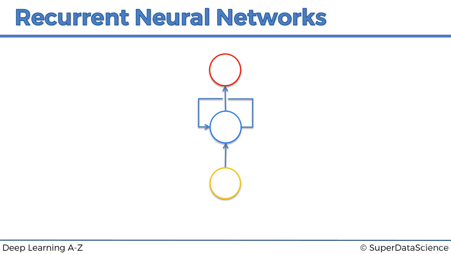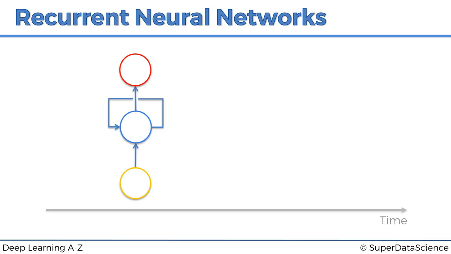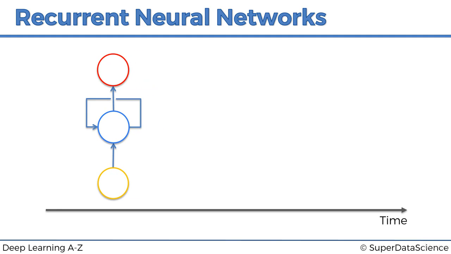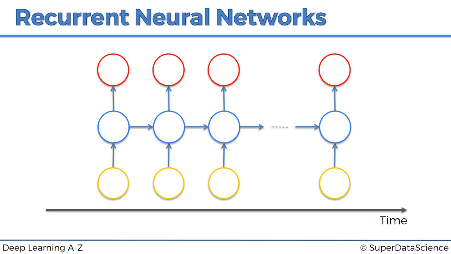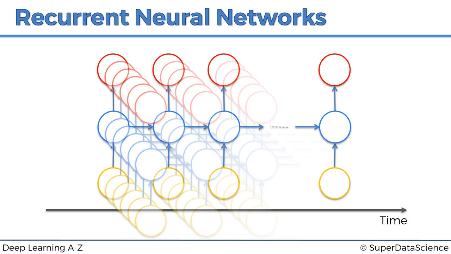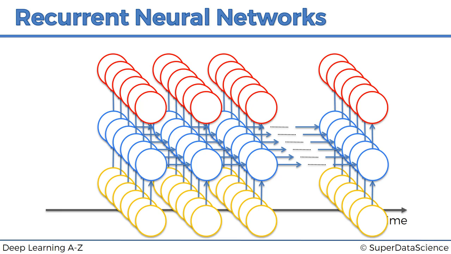The common approach now is to unroll this temporal loop and represent RNNs in the following manner. Don't forget that we've got lots of these things happening. You're looking in a new dimension, and the layers are actually still there, we're just not focusing on them. Each one of these circles is not one neuron, it's a whole layer of neurons.